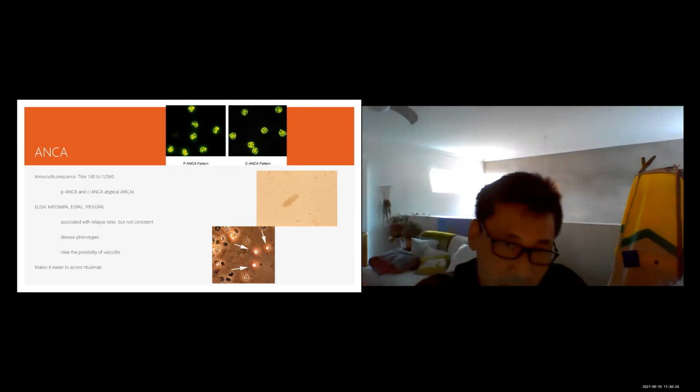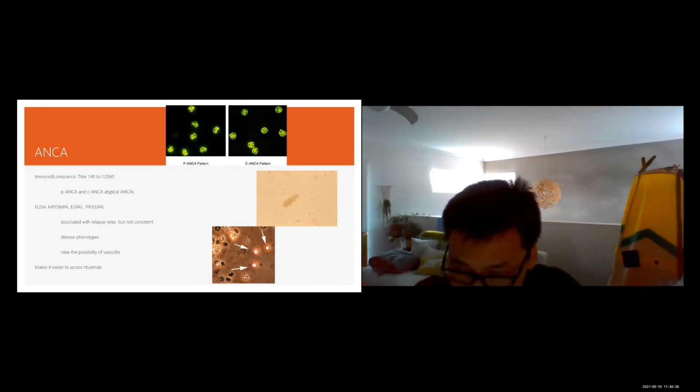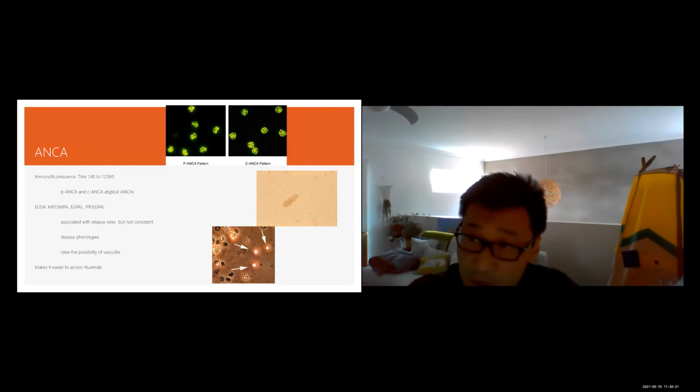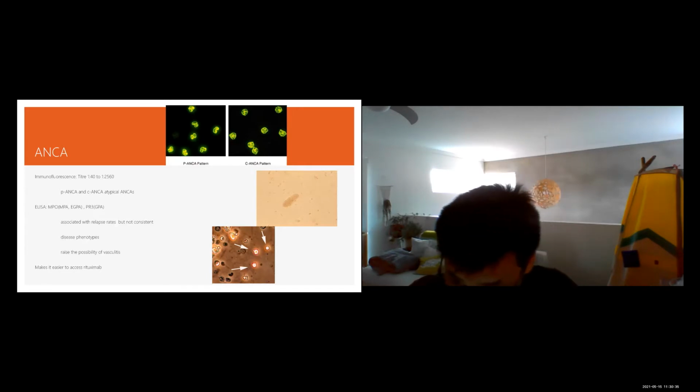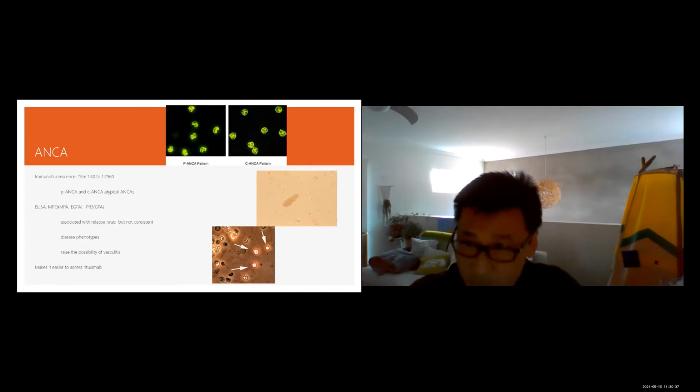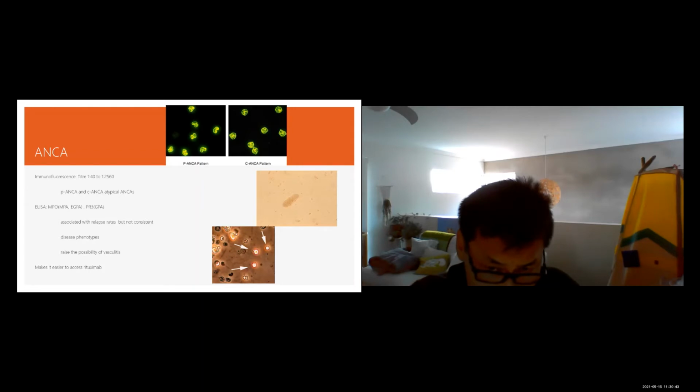Originally, the test was performed using immunofluorescence, which means they get someone's donated neutrophils. For example, when I was a registrar at Westmead, I was the neutrophil donor, forcibly. So what happened would be that you get the neutrophils fixed on a glass slide.